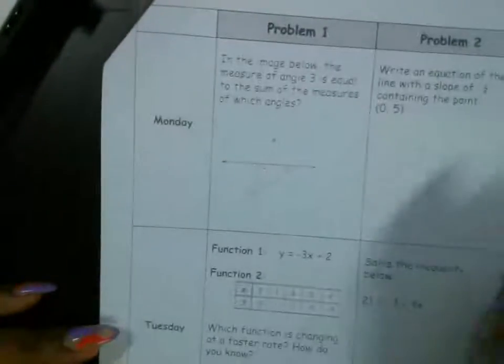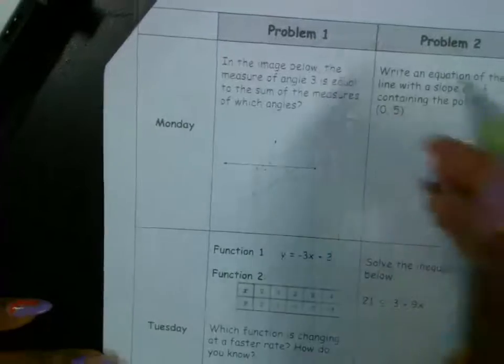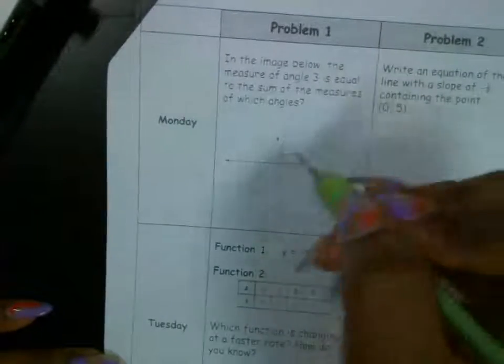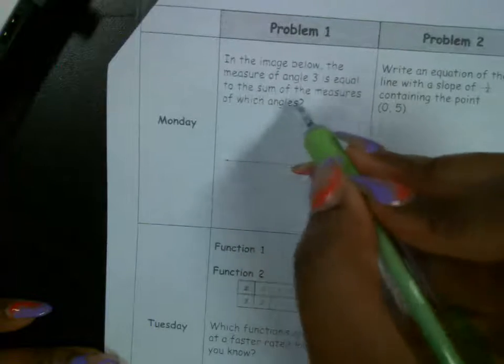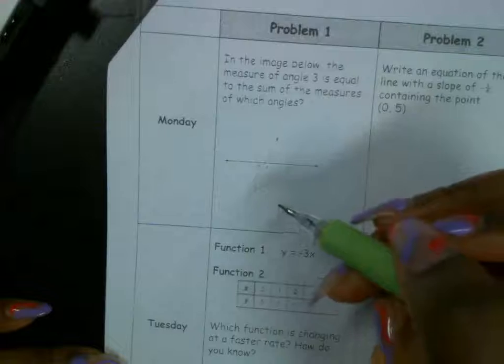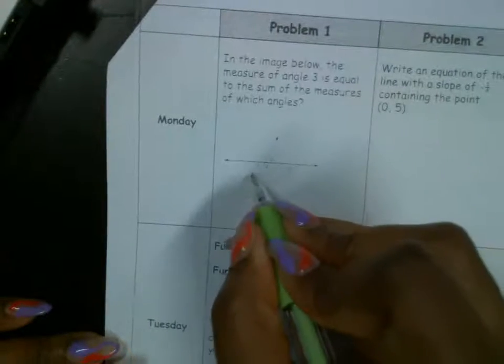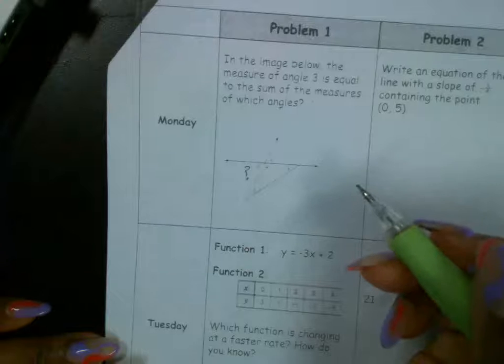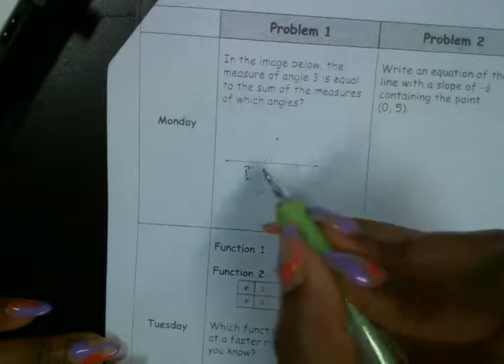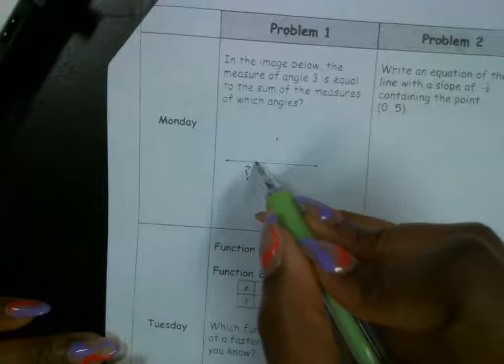All right, problem number 1. It says, in the image below, the measure of angle 3 is equal to the sum of the measures of which angles? Okay, so this is angle 3. This is an exterior angle.